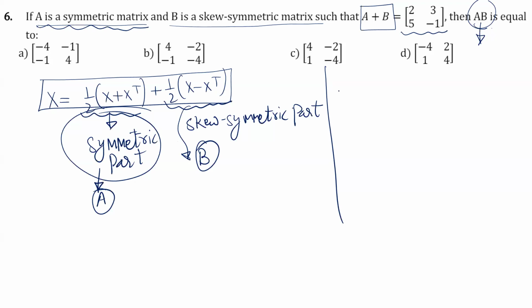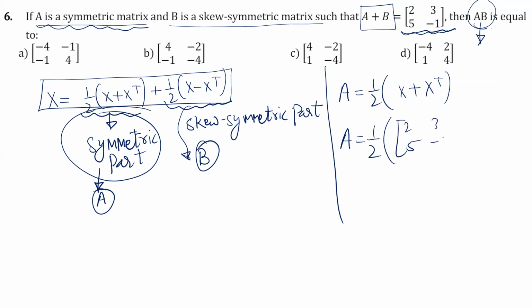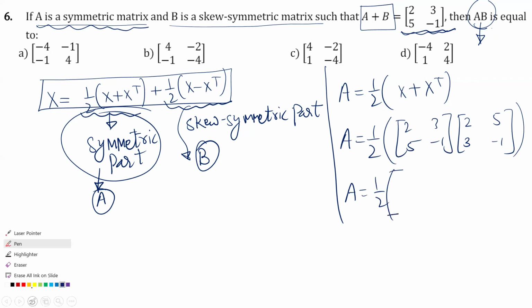So what is A? A will be 1 by 2 X plus X transpose. What is X matrix? The actual matrix, because that only we want to split. So this is 2, 3, 5, minus 1, and then X transpose, that will be 2, 5, 3, minus 1. Okay, just taking the transpose. So here you can find this A matrix.